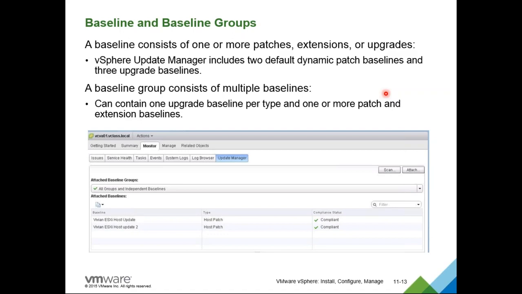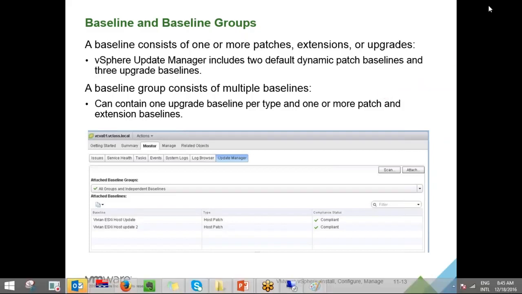So while upgrading ESXi host patches, you have to select dynamic patch baseline. Are you guys able to follow me? Your default dynamic patch baselines contain critical host patches and non-critical host patches.